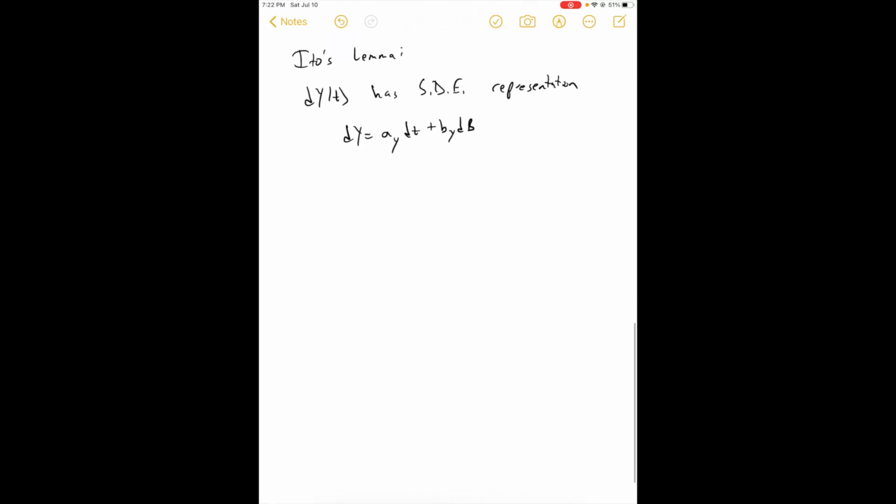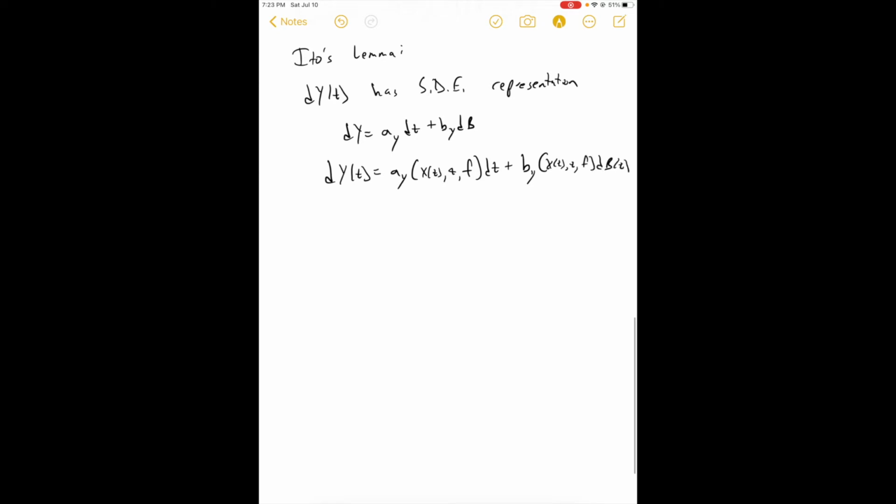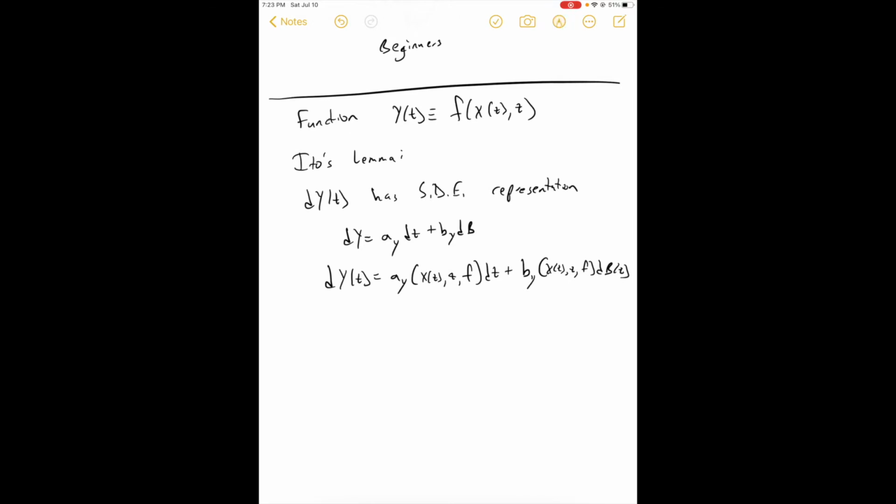And if we're going to be a little more explicit there, going the other way from before, dy of t equals a sub y, which is a function of x, t, and f, dt plus b sub y, which is also a function of x, t, and f, and when we say f here, we mean this function up here.